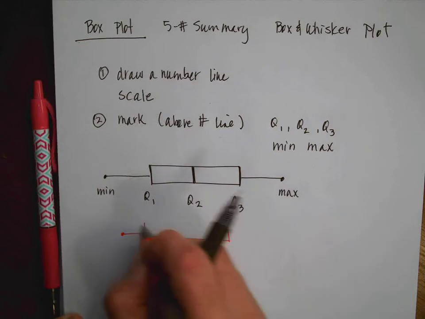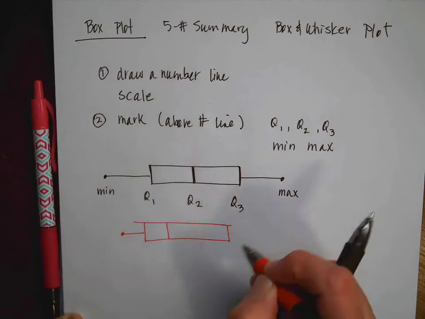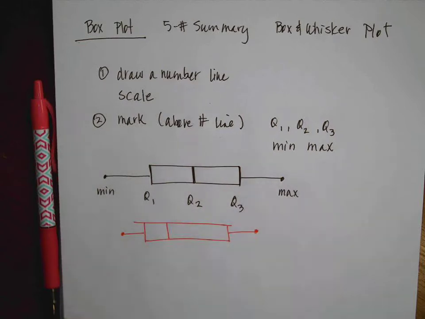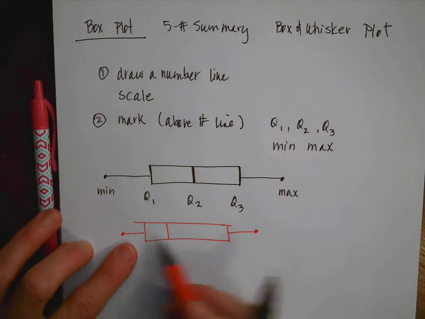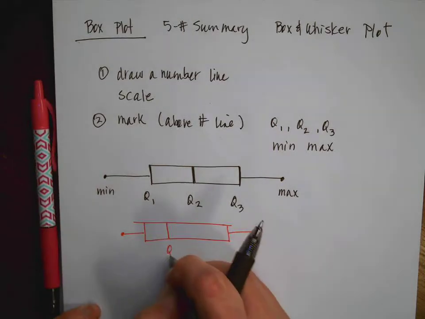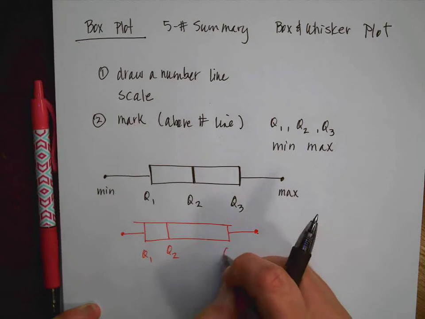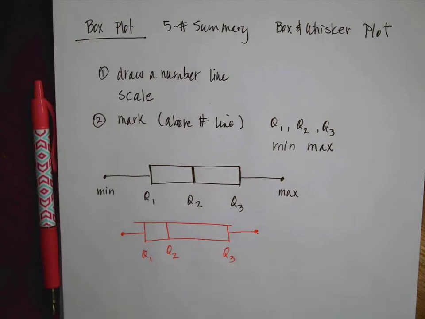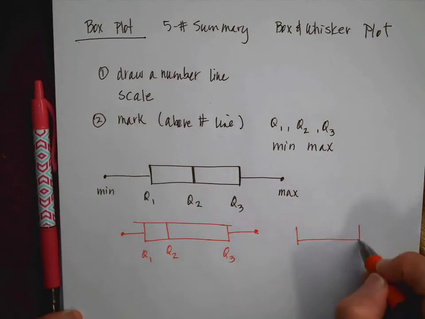Sometimes the box can change, and so then we start talking about skewed data. So maybe the min is closer in and the max is closer in. Maybe my Q2 moves around a bit, okay?